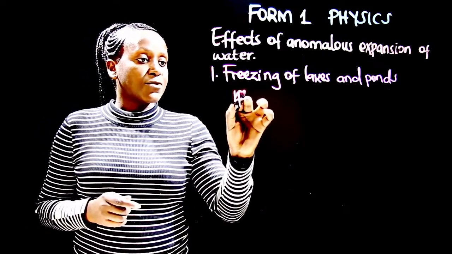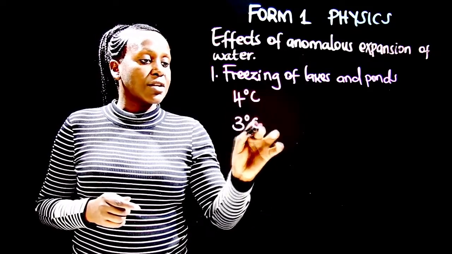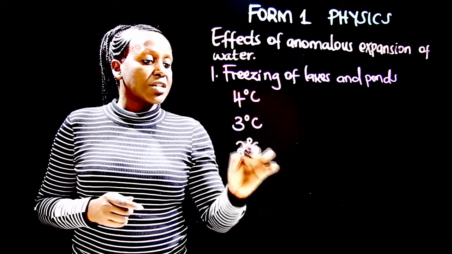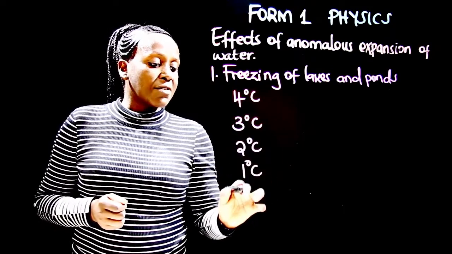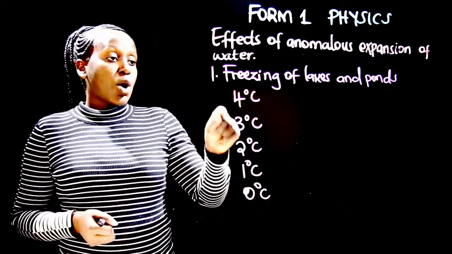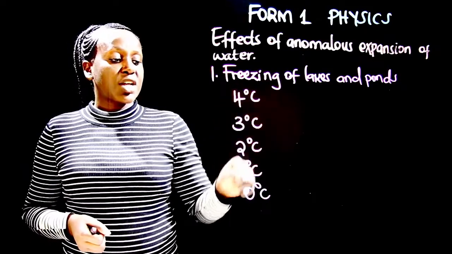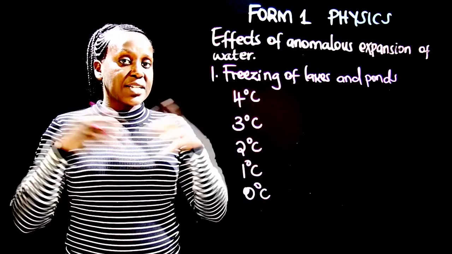Here we have water at 4 degrees Celsius. Here we have 3 degrees Celsius. Here we have 2 degrees Celsius. And here we have 1 degree Celsius. Then finally we have 0 degrees Celsius. So as you cool water from 4 degrees Celsius to 0 degrees Celsius, instead of contracting, it expands.